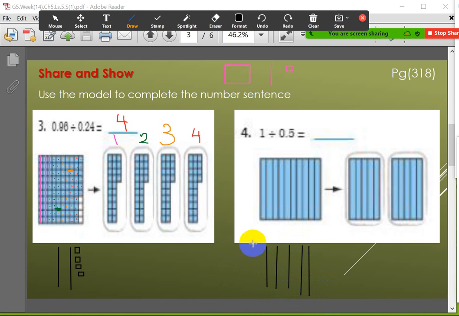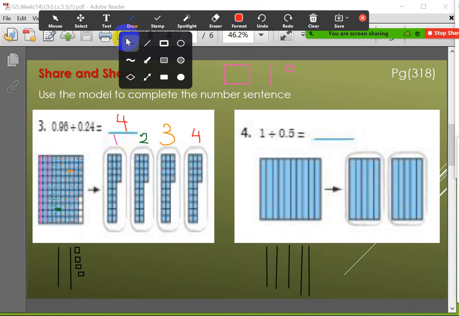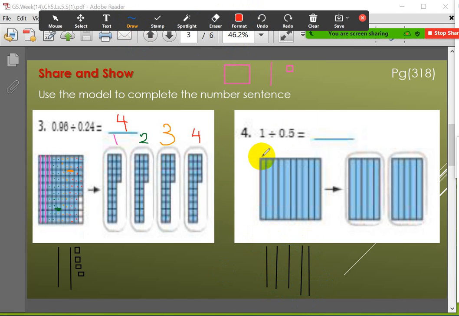This is the divisor. So count it. Let's choose the red color. Count 5. 1, 2, 3, 4, 5. This is the first group. Now in green, 1, 2, 3, 4, 5. This is the second group. So I have two groups. Each group will take 5 longs. So I have the quotient, which is 2.